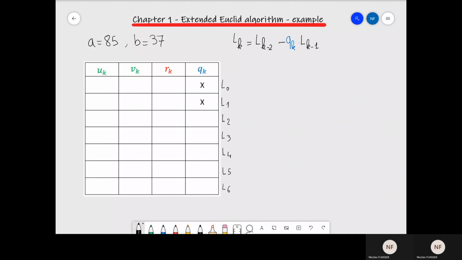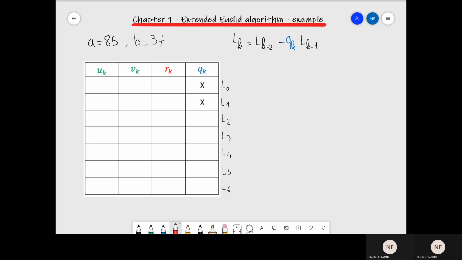Hello everybody, this is another example of applying the extended Euclid algorithm for a equal to 85 and b equal to 37. So here I will go a little faster than the previous one.